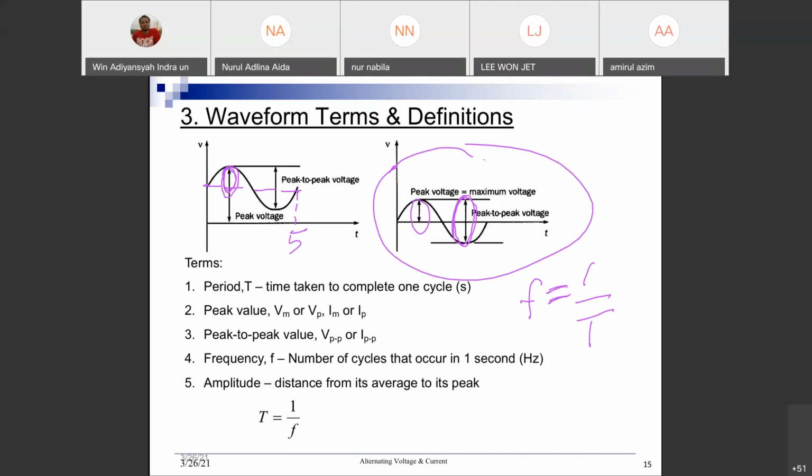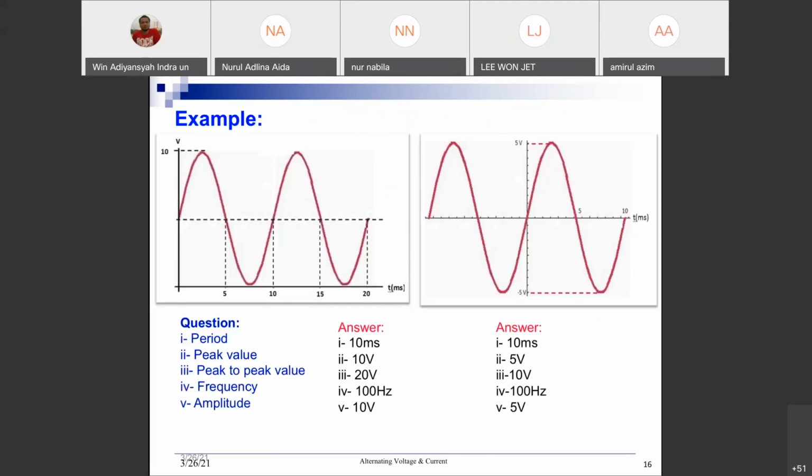So basically this is the amplitude here. Average is usually this one. So it depends on the amplitude. Okay, let's see an example.